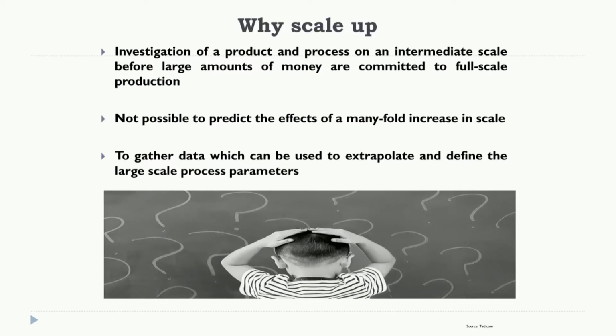It can be anything. Why scale up? Scale up is necessary. We investigate the product or process at an intermediate scale before putting our money into a full scale production process, because we can't predict the effect of a manifold increase in scale. That's why sometimes in biologicals we go 10-fold scale, 5-fold scale, and then we move forward to the production scale, to gather data which can be used to extrapolate and define the large scale process parameters.